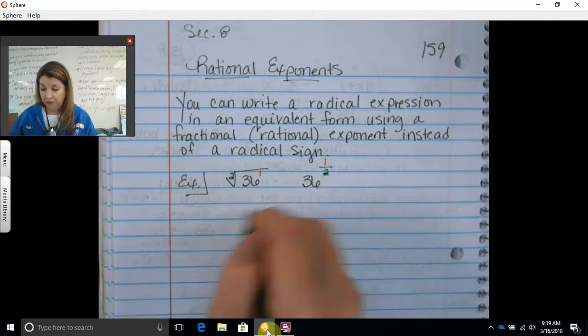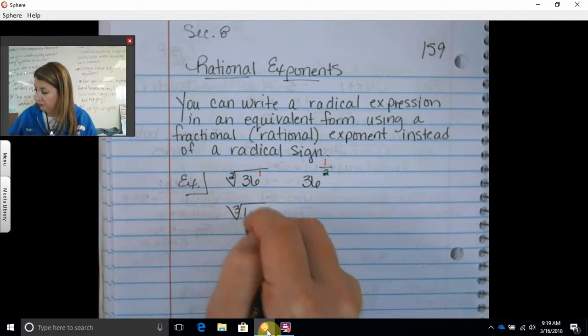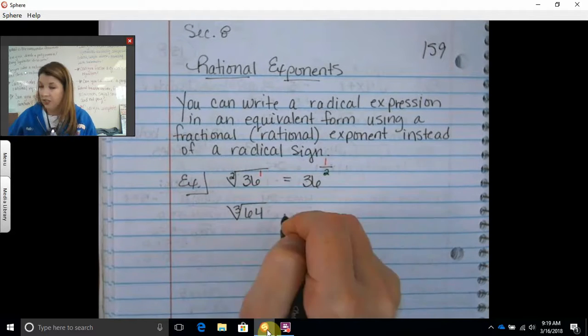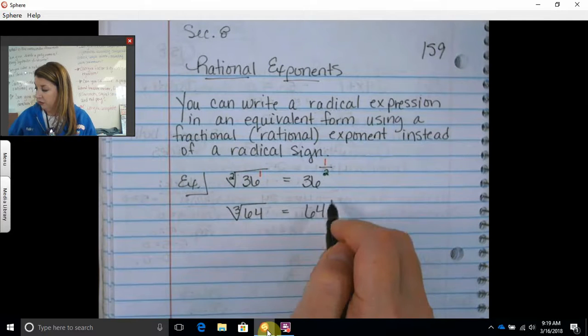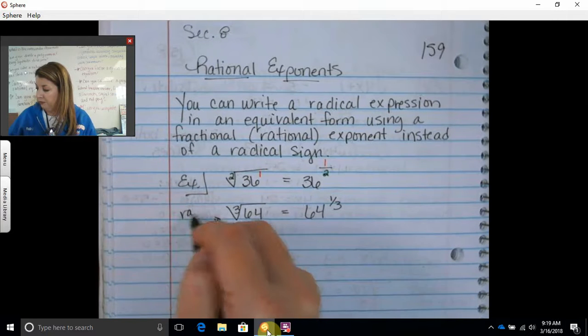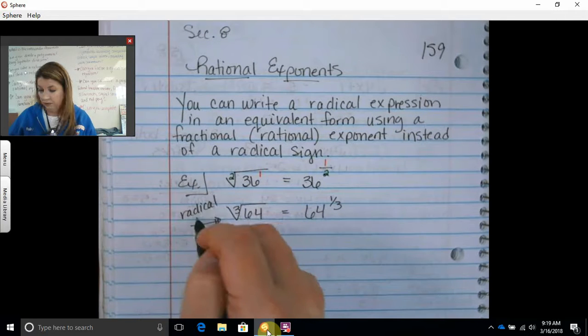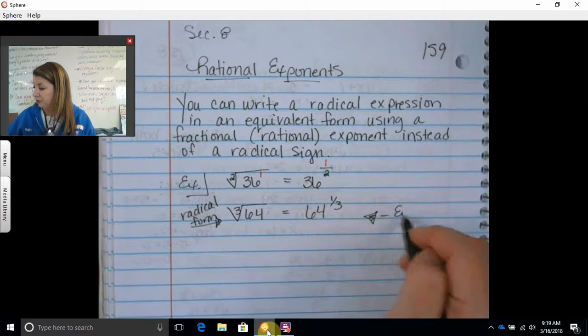So if I had, let's say, the cube root of 64, and I want to rewrite it as a base with a rational exponent, what would it be? 64 raised to the 1/3. So we've got radical form, and this we call exponential form.